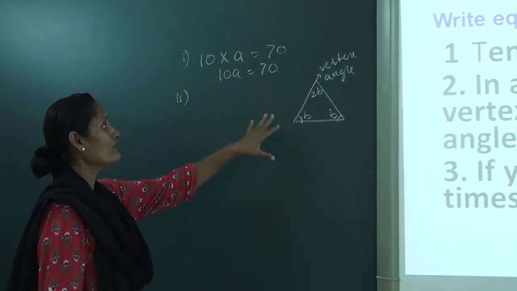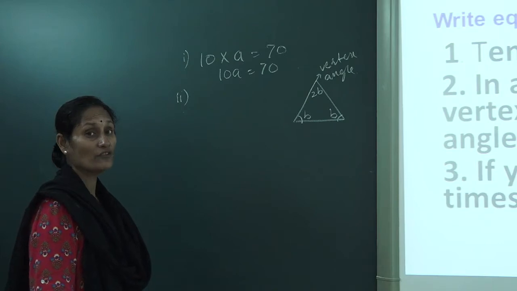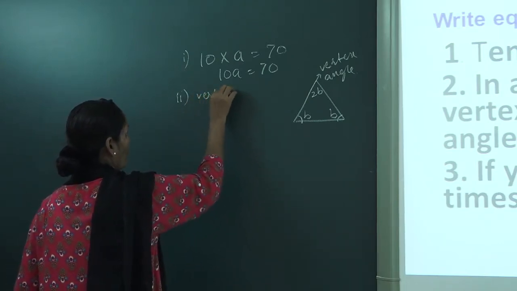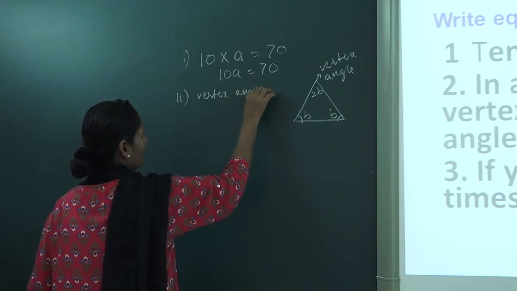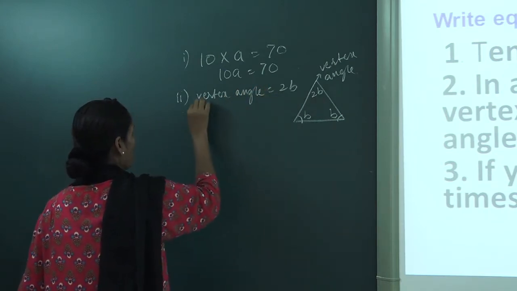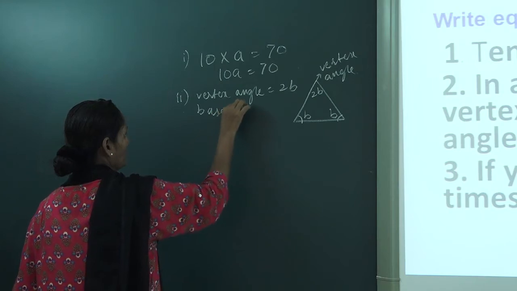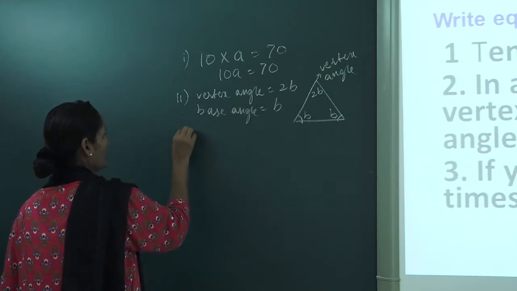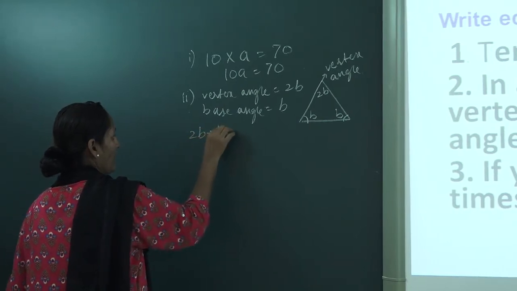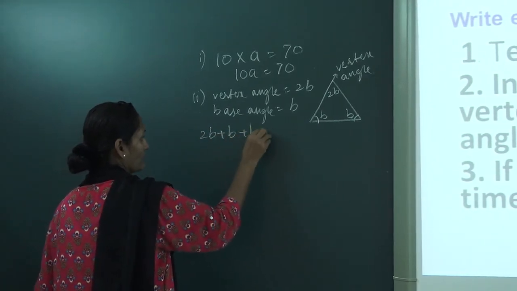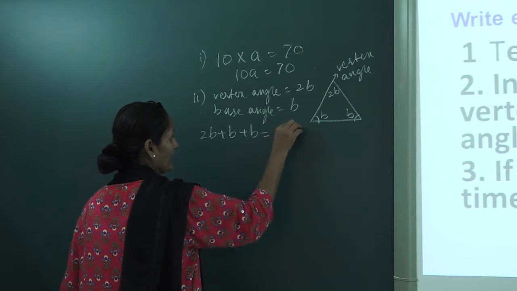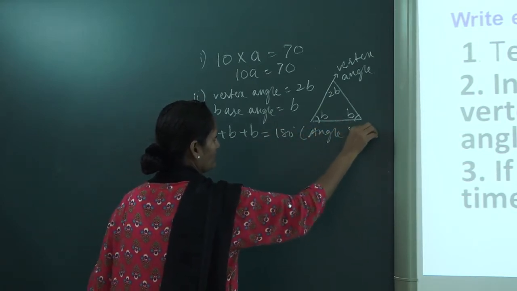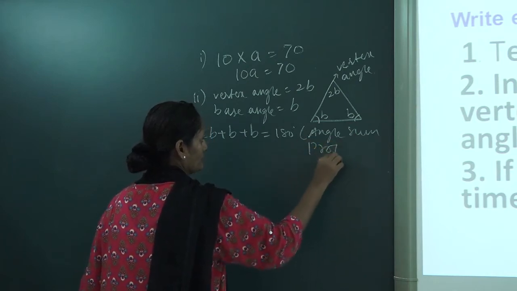But what about the equation form? Equation form will be: vertex angle equals 2B, base angle equals B, and according to the condition we know that the sum of the angles of a triangle is 180 degrees, and this is known as the angle sum property.